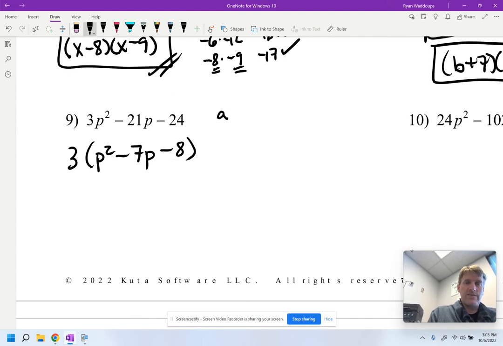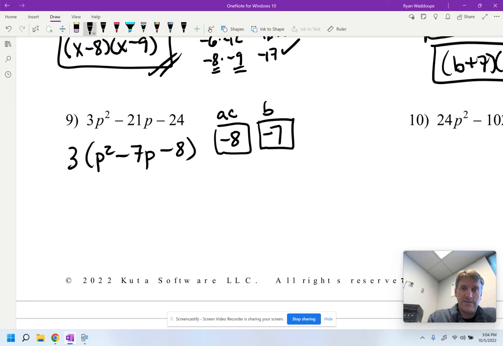So my AC value, referring to just those, our AC is negative 8, and our B is negative 7.